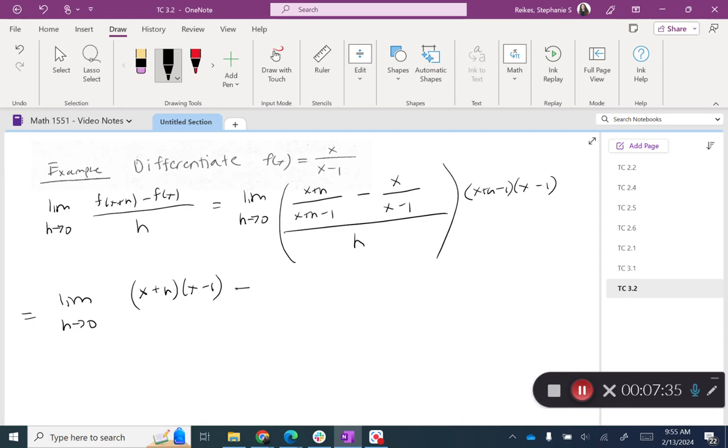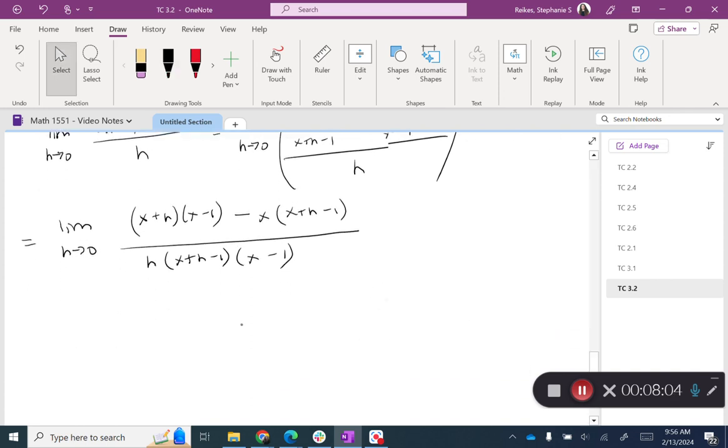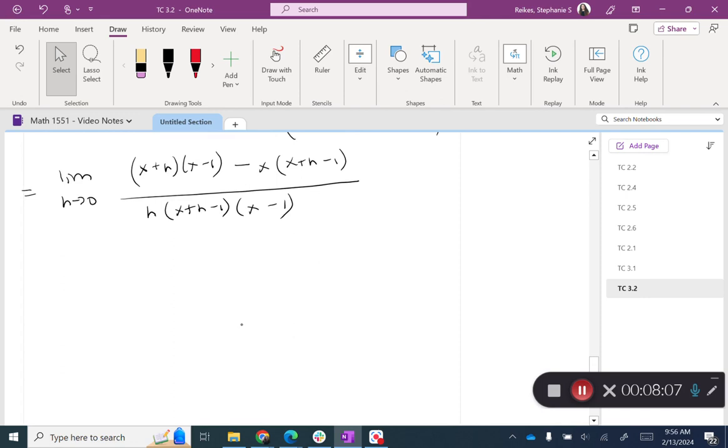My x plus 1s are going to cancel out, so I'll be left with x times x plus h minus 1. And all of that is going to be divided by h times x plus h minus 1 times x minus 1, all in the denominator there. All right, so now we took care of the baby fraction and the big fraction, and now we just have a lot of algebra left over to simplify.